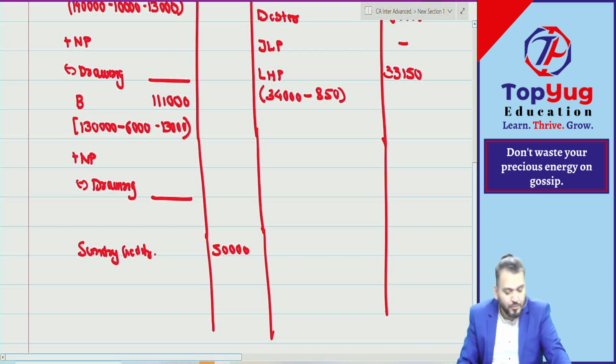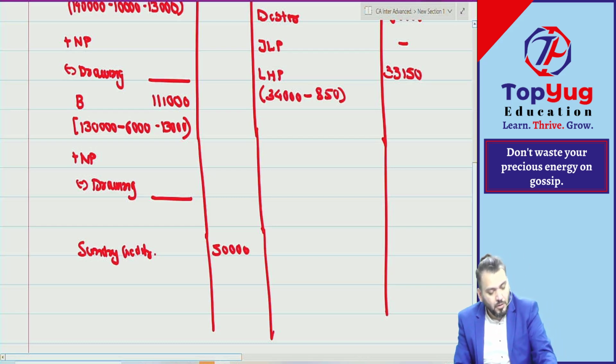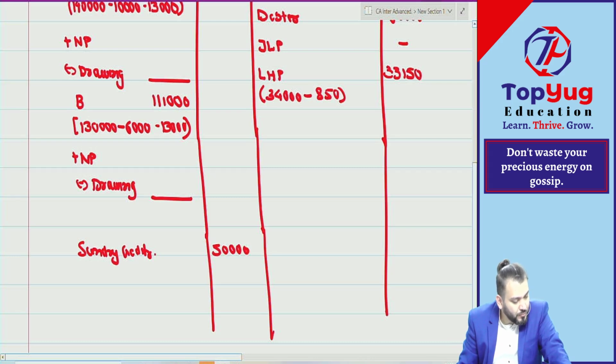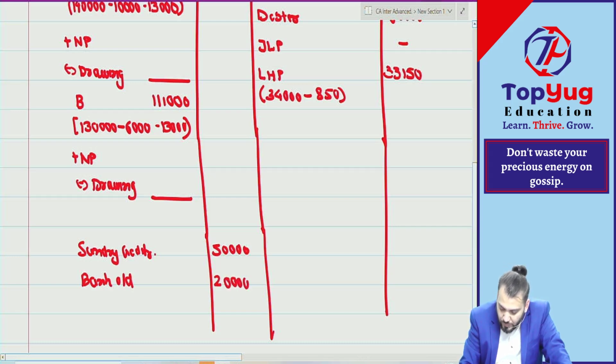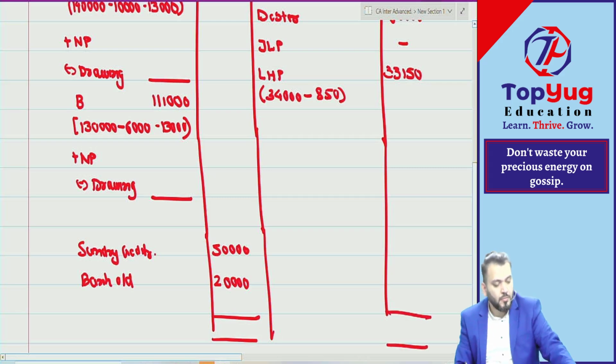And bank overdraft, how much have they given? 20,000. Correct. Bank overdraft is equal to 20,000. Done.